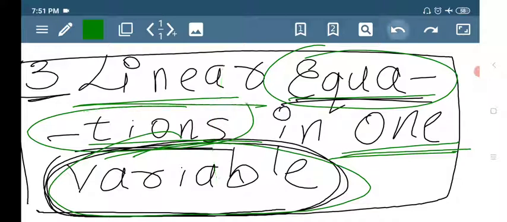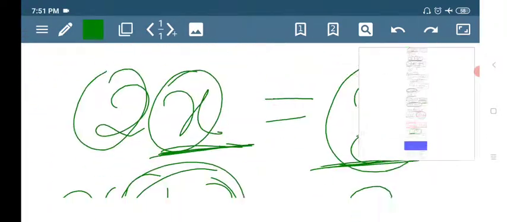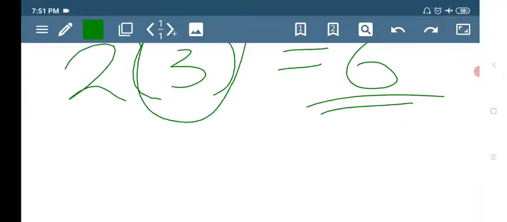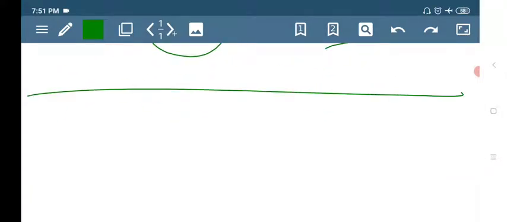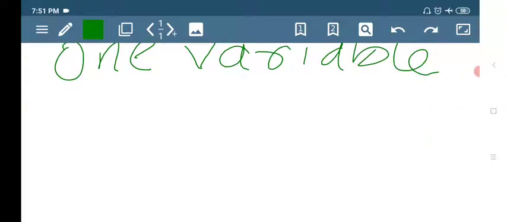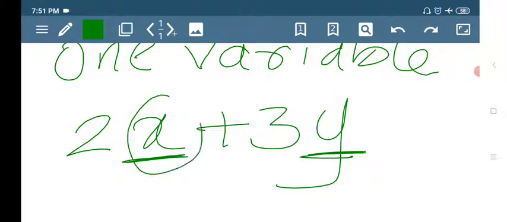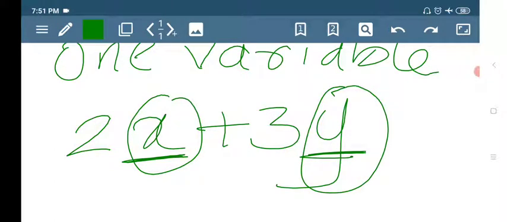Okay, one variable. With the help of an example, I will explain what is one variable. If I consider an expression 2x plus 3y, here x and y both are the variables.